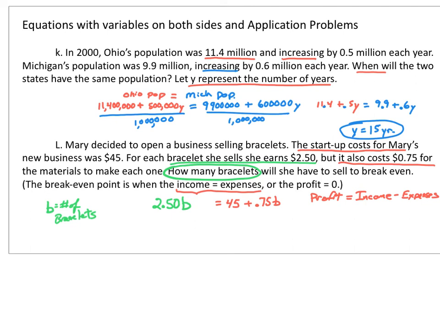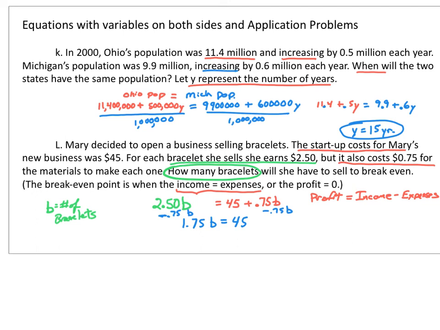In which case you would have 1.75B equals $45, which is exactly what we would get if we subtracted 0.75B from both sides. Okay, and then we could divide by 1.75.